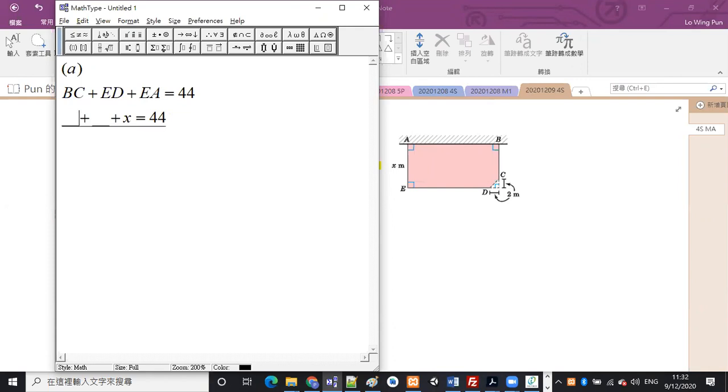But BC plus 2 will be equal to AE, which means that BC is just AE minus 2, or just X minus 2. Can you get this?